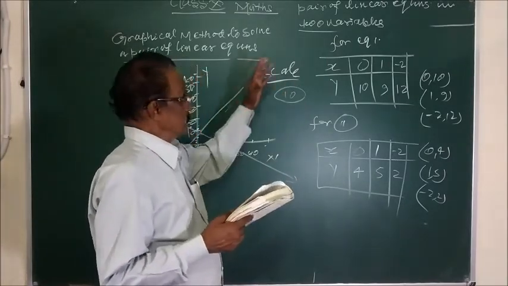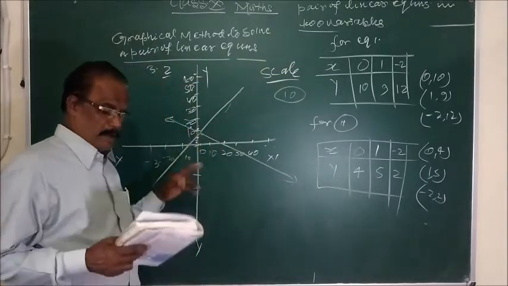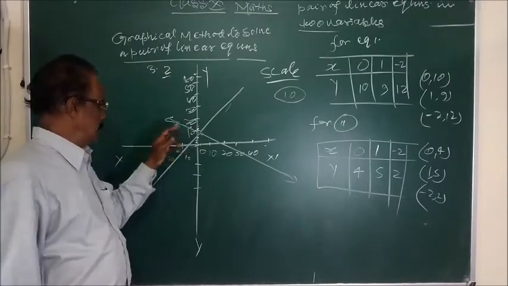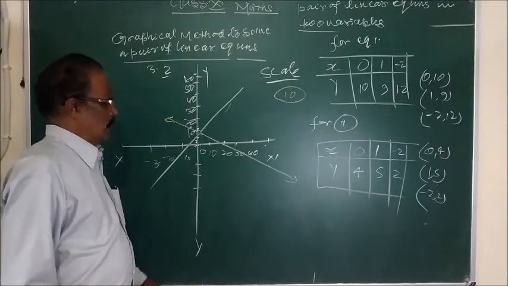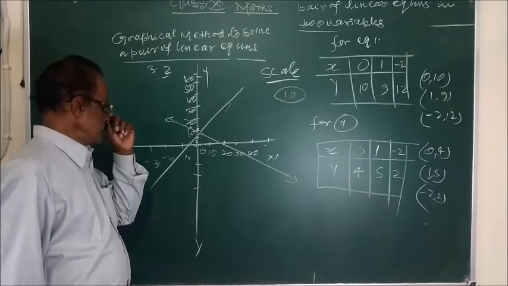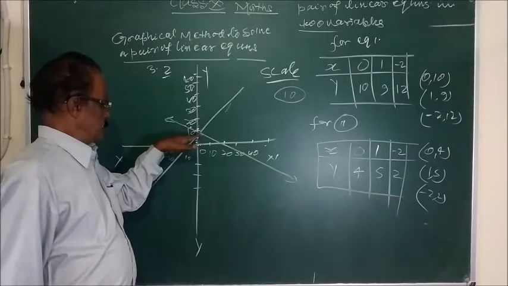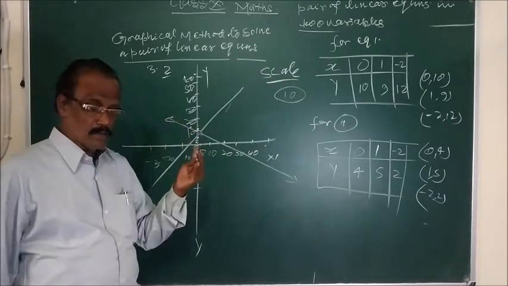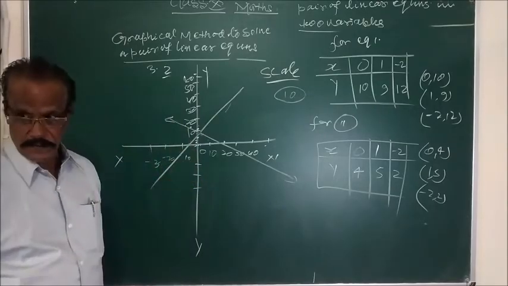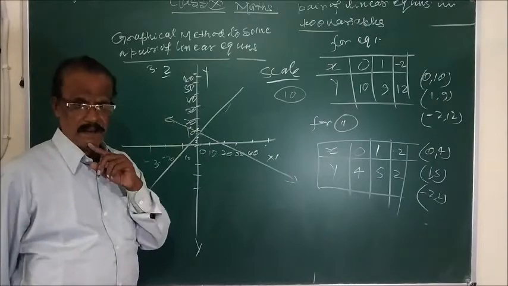Supposing a suitable scale, you draw the graph and the point of intersection of these two lines will be the number of boys and number of girls. This is not the actual answer, since I don't know what scale you suppose in drawing the graph. That depends on your scale.